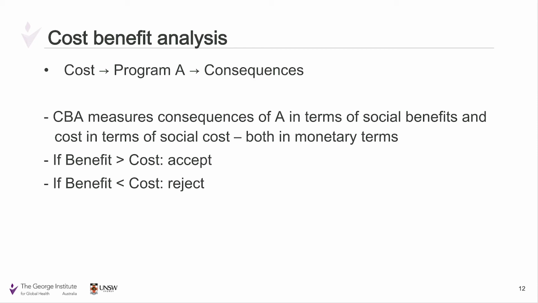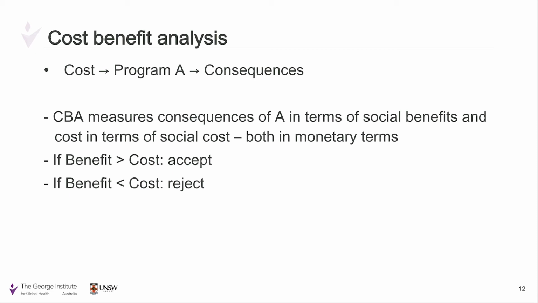So if the benefits exceed the costs, then what it says is that overall, in terms of the community, we should go ahead with the program. If the value of the program is greater than the cost, then we should accept the program and invest in it. If the benefit of the program is less than the cost, then obviously we reject it.